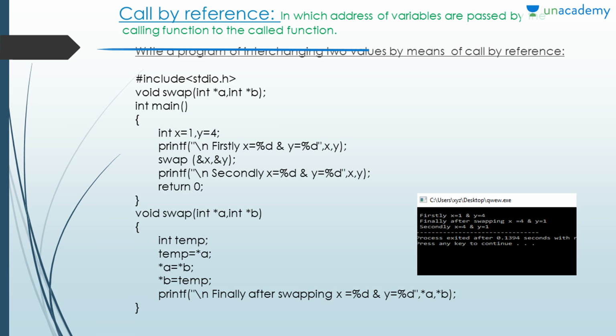Okay, already. So here let's see, write a program to interchange two values by means of call by reference. Both programs are the same, but here we will be dealing with memory locations and the addresses of those memory locations. So the address can be given, simply you are replacing it with the pointer, meaning asterisk.